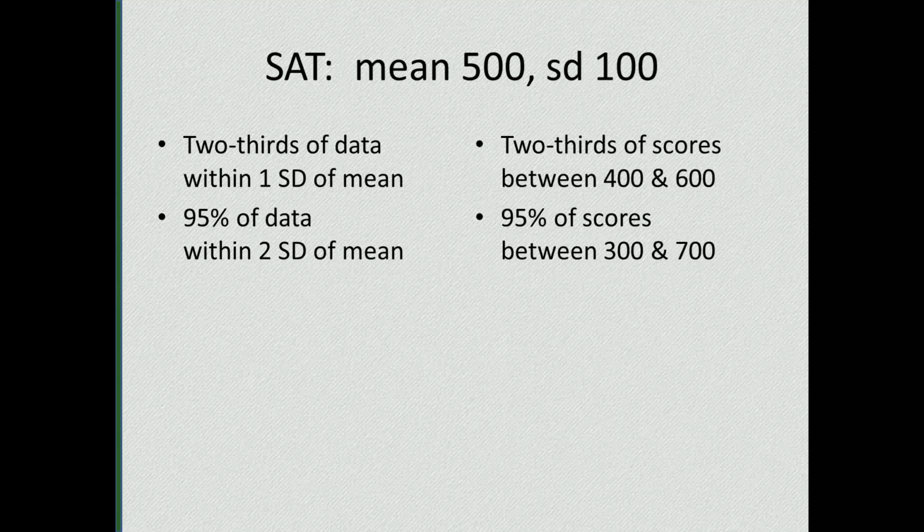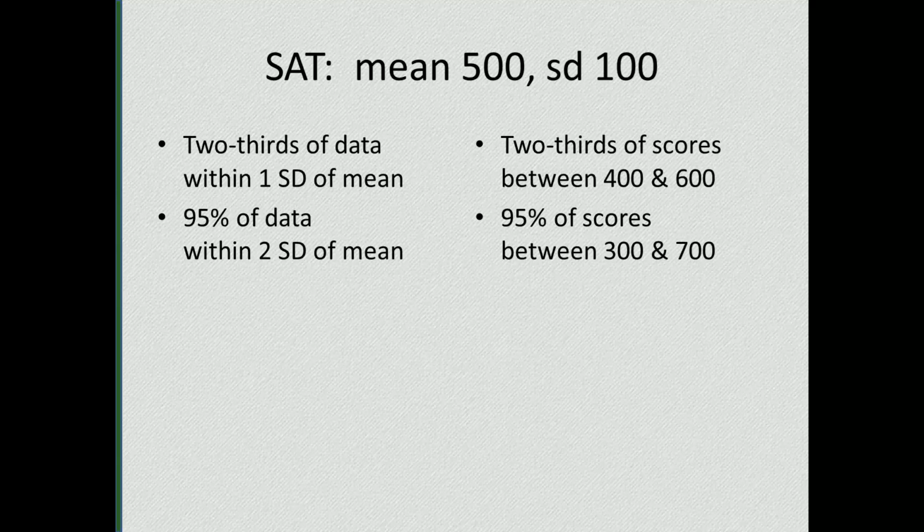Go out 2 standard deviations and you'll have 95% of the data. Start at 500, go down 2 chunks of 100, you're at 300. Go up 2 chunks of 100, and almost everybody, 95% of the population, 19 people out of 20, will have scores between 300 and 700.